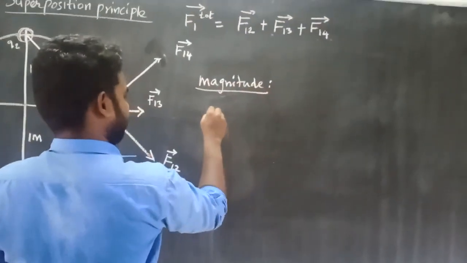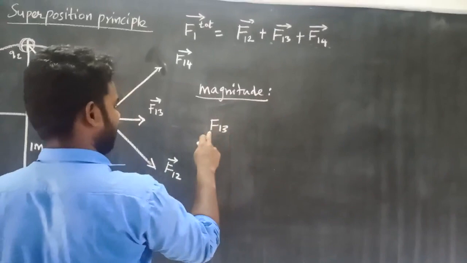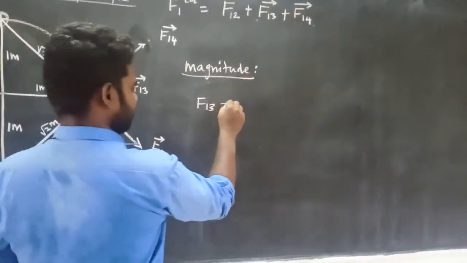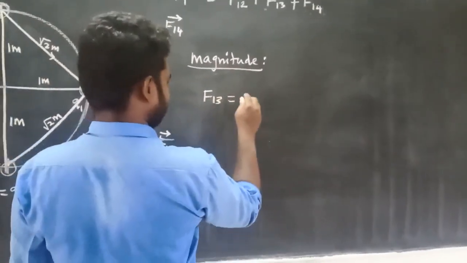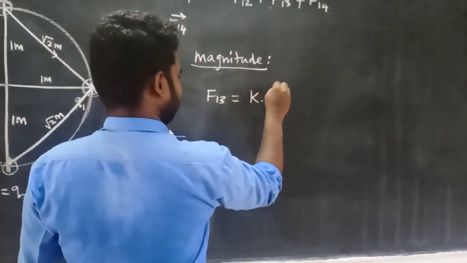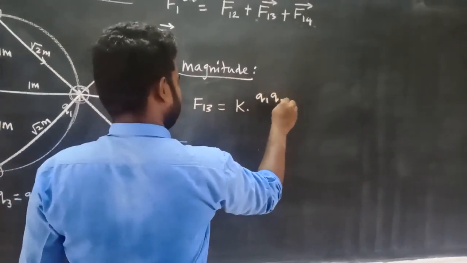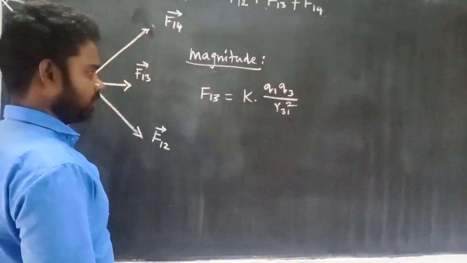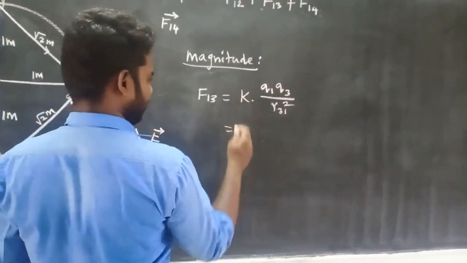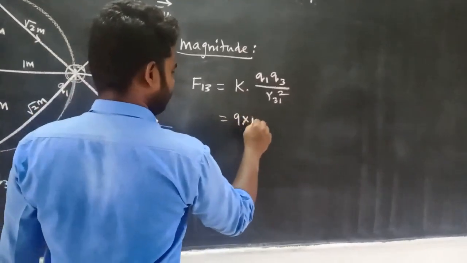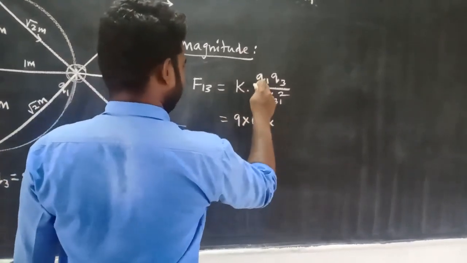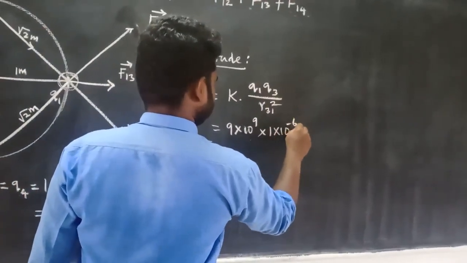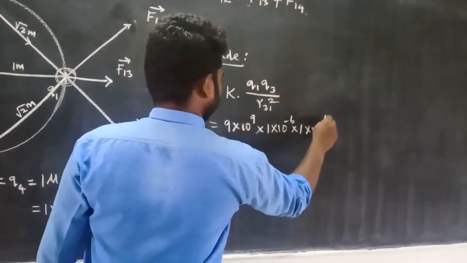So first we can find the force value on the first charge due to the third charge. You can use Coulomb's law. F vector is equal to K Q1 Q3 by R31 square. This is according to Coulomb's law. The value of K, the constant, is 9 × 10^9. Value of Q1 and Q3 are same. So 1 × 10^-6 into 1 × 10^-6.